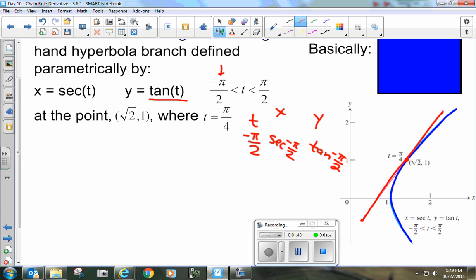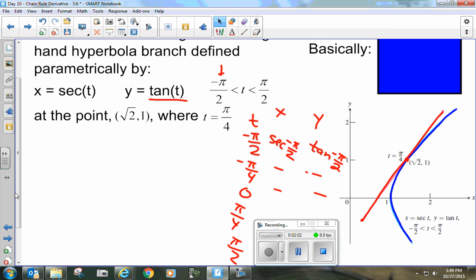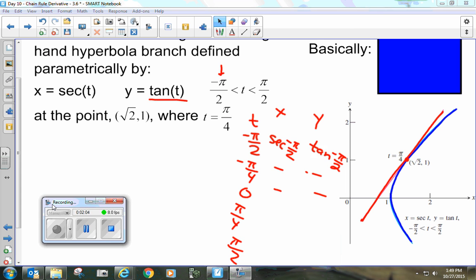If I kept going, I'd say negative pi over 4, find the secant and then the tangent of it, then 0, find the secant of 0 and tangent of 0, and so forth, all the way to pi over 4, pi over 2. They don't make you do that, because they give you this point right here.